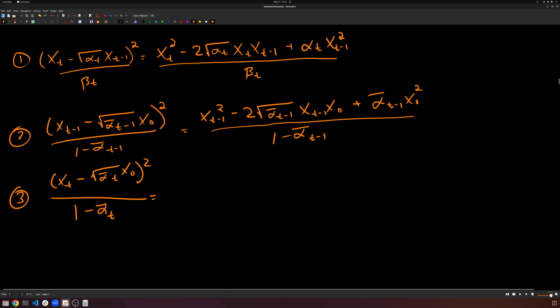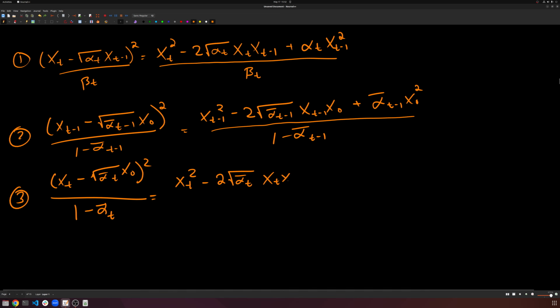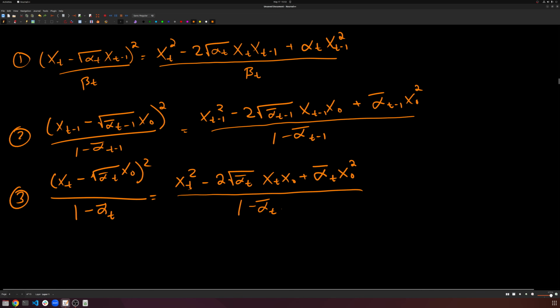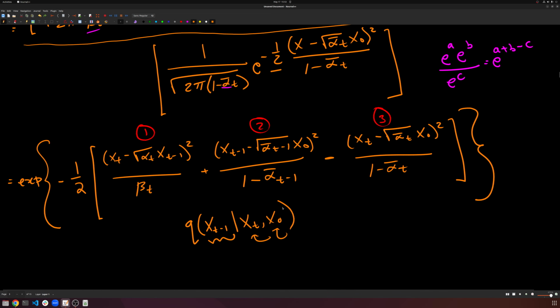And so this is again going to be xt squared minus 2 square root alpha hat t xt x0 plus, no more square root, we square it, it's just going to be alpha hat t x0 squared. And again, of course, all of this is going to be divided by 1 minus alpha hat t. And so these are our 3 formulas that are added together. Remember, there's basically 3 of them, right? And they're just all added together.